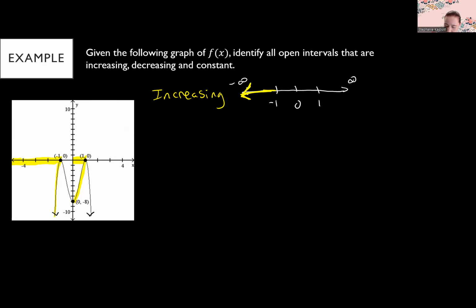And then from 0 to 1, it's going up again. And then open intervals, so these are all going to have parentheses. For the interval notation, I have a parenthesis at negative infinity, comma, -1, parenthesis. And then I'm going to use my union to combine it, and then (0, 1) for the second part where it is increasing.